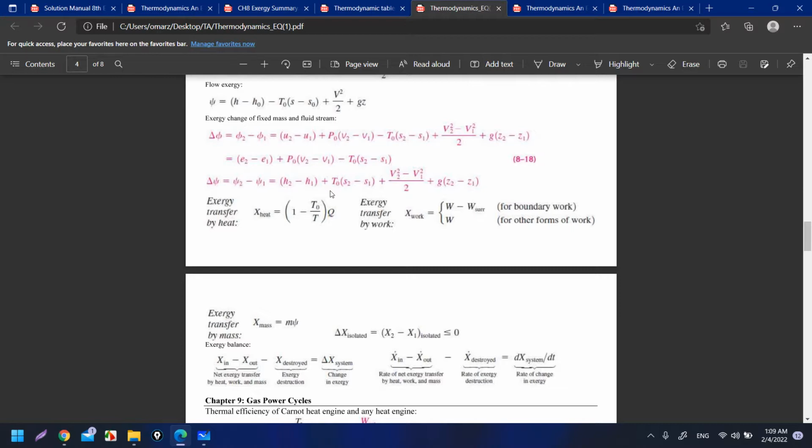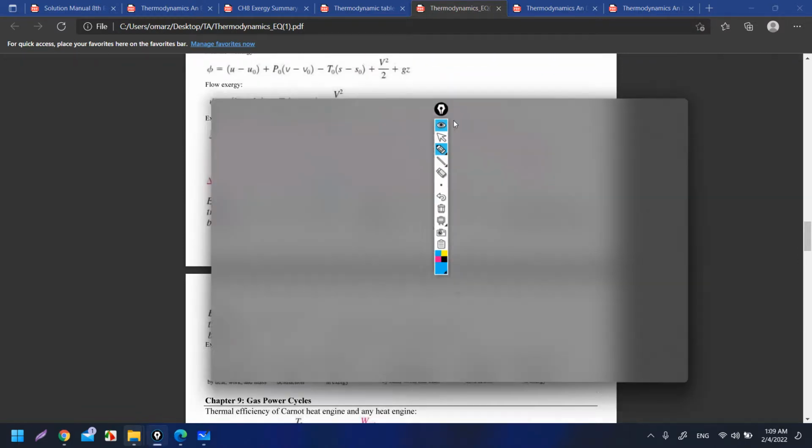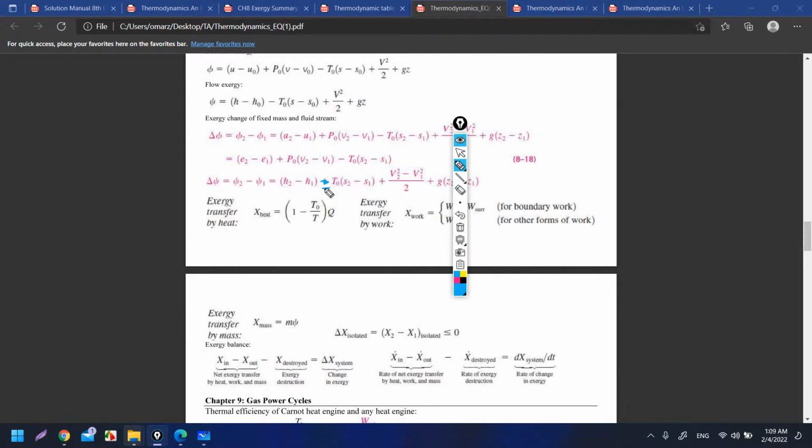And you say negative T naught is S2 minus S1. If this one is psi1 minus psi2, it will be negative T naught S1 minus S2. So there is a mistake in this equation. This should be a negative one. So tell the doctor to change this one. This one is negative, and all the previous ones are negative already.